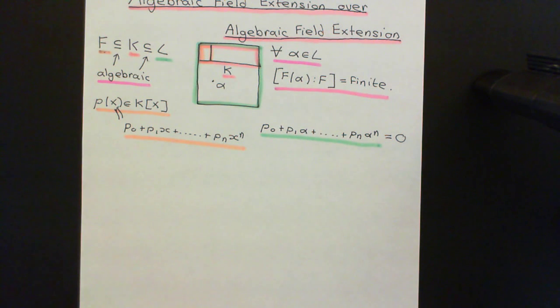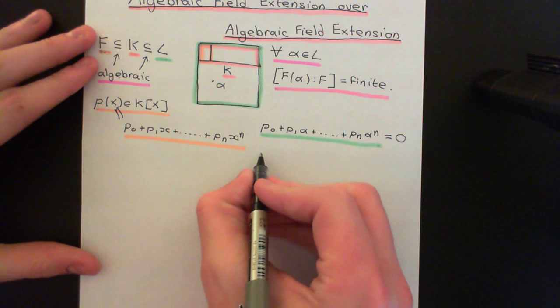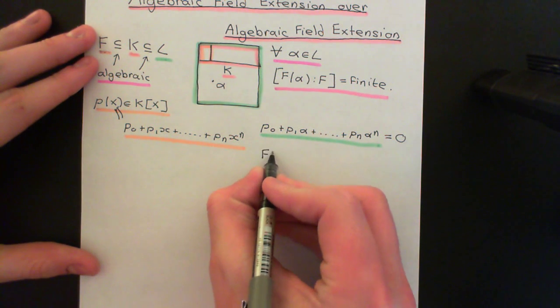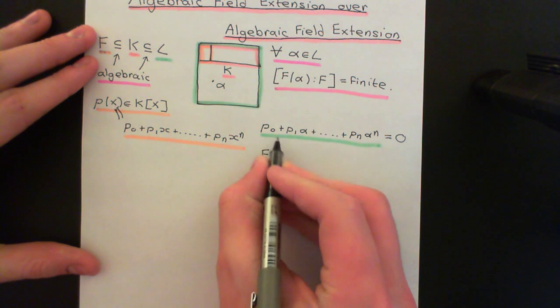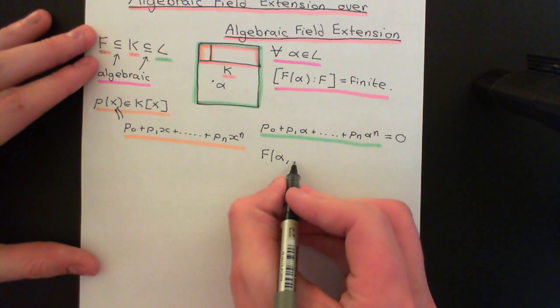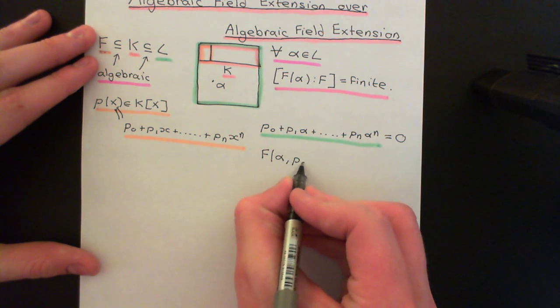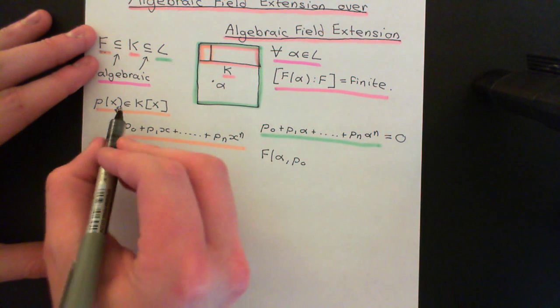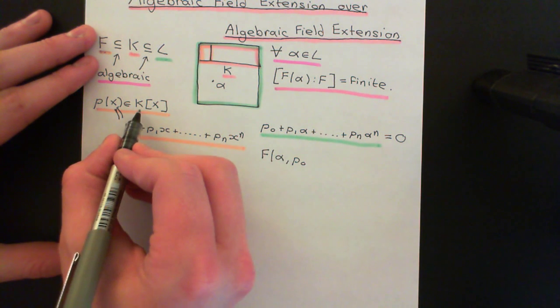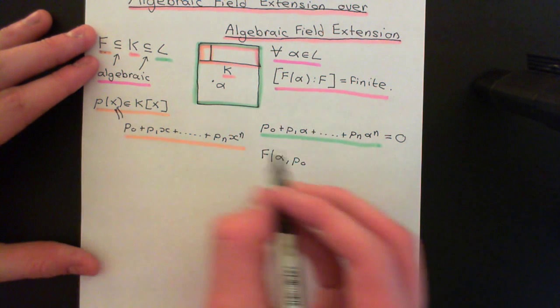Well, I'm going to look at the field extension of F that is generated by alpha and then all of the coefficients from this polynomial here. Remember, this is just some non-zero polynomial in the ring of polynomials over the field K for which alpha was a root.